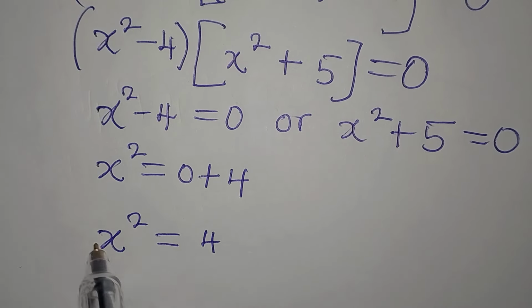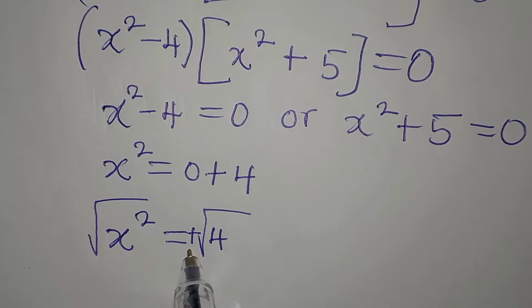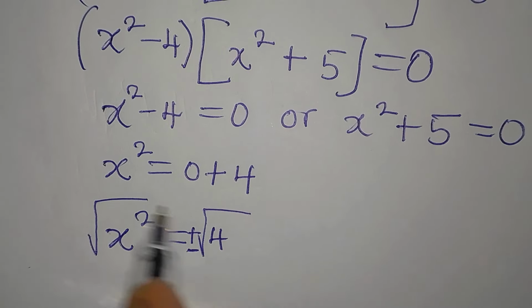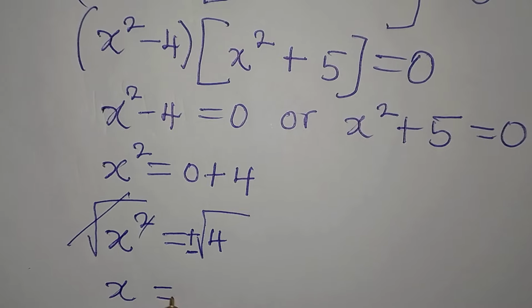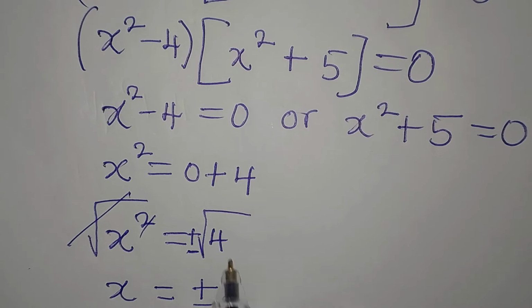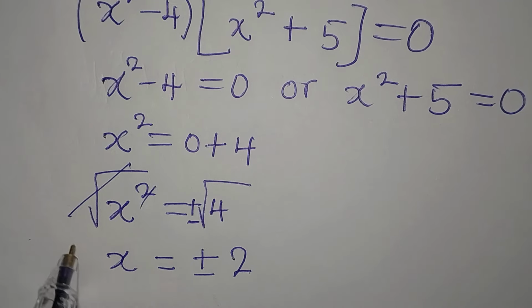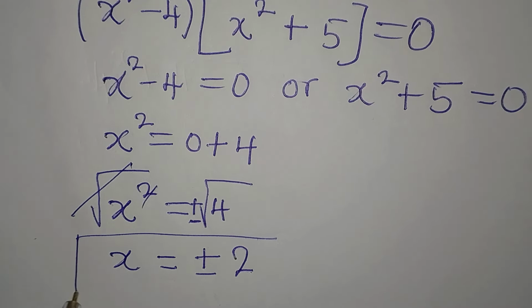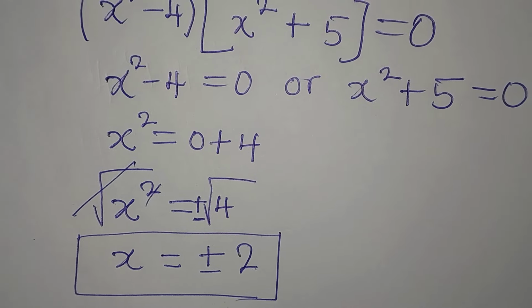To get the value of x, we're going to take the square root of both sides, plus or minus there. So x now is equal to plus or minus the square root of 4, and that is 2. Now from here we have two solutions. I'm going to bring them together at the end of the video.